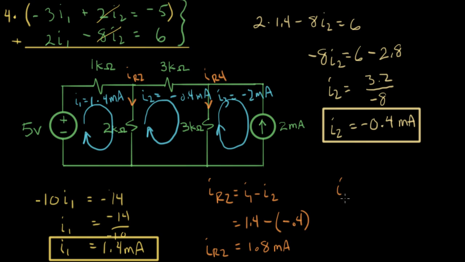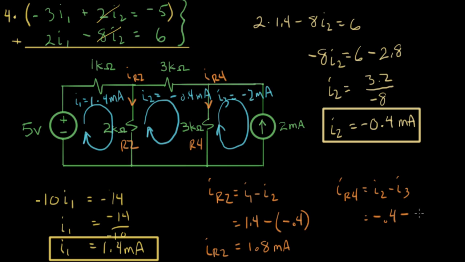And we'll do one last one. We'll do IR4. This is R4 here. And IR4 is I2 minus I3. So that equals I2 is minus 0.4 minus I3.